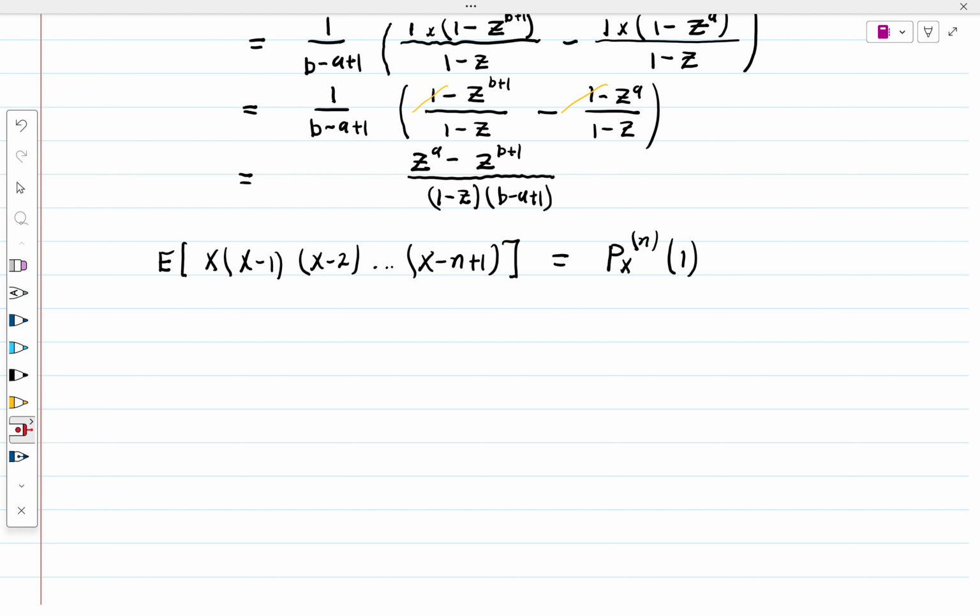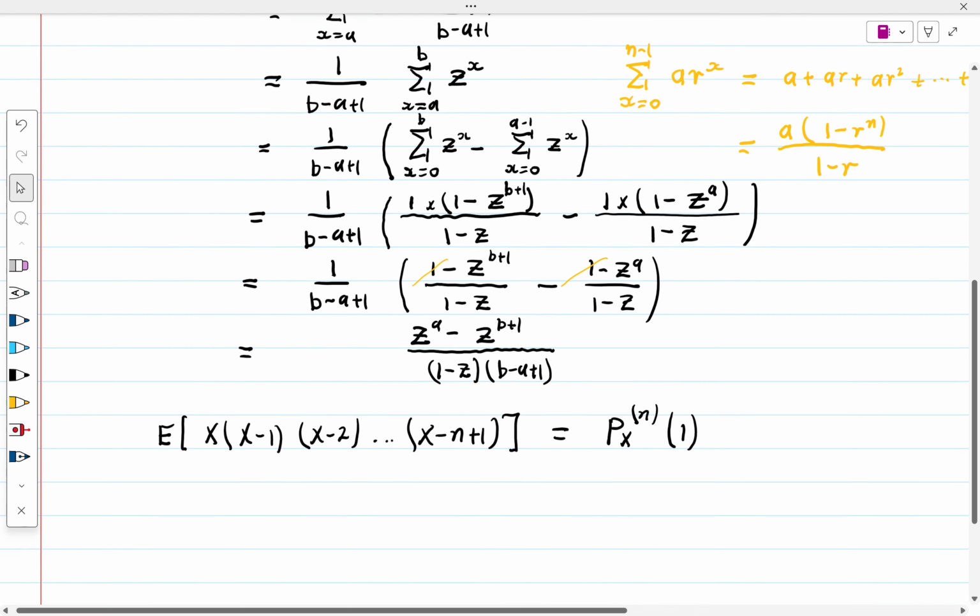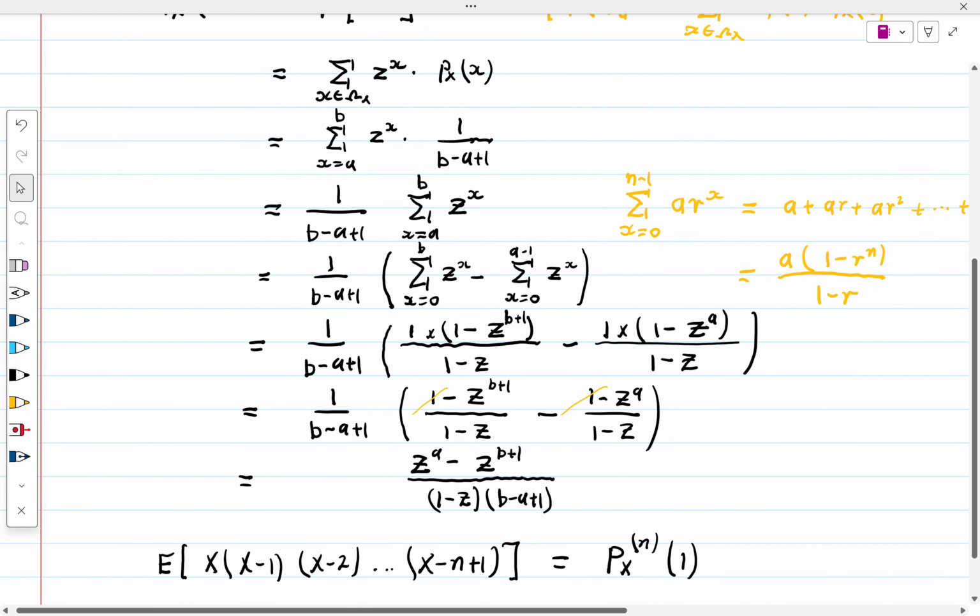In saying that, it therefore is actually less convenient to use the probability generating function to evaluate the moments. And so typically we wouldn't do that for the discrete uniform distribution. Nonetheless, we have derived at the very least the respective probability generating function.